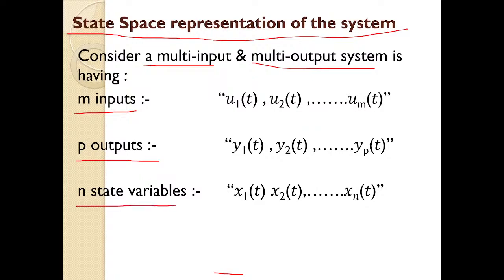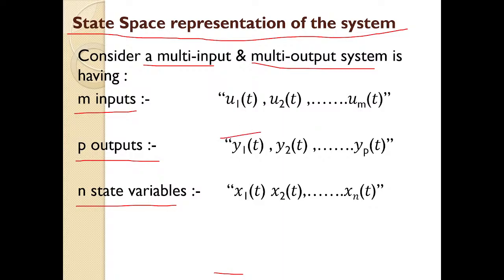I hope you got the idea of what is meant by state variables. If you want me to repeat any topic, just mention it in the comment box so that I will repeat.